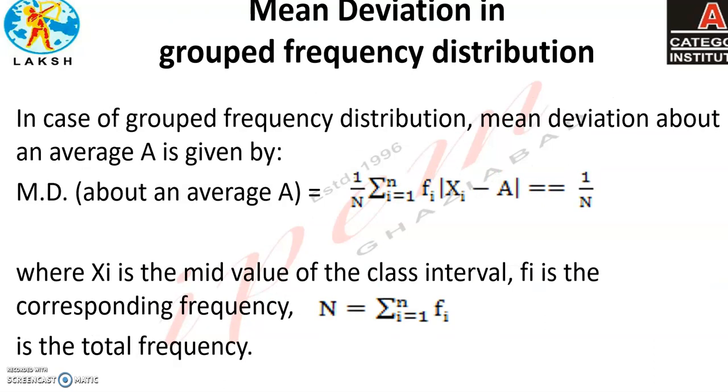Whereas in grouped frequency distribution, we simply add the letter f after the summation. The formula will become summation f |d| divided by n, where n is equal to summation f, that is total frequency, right?